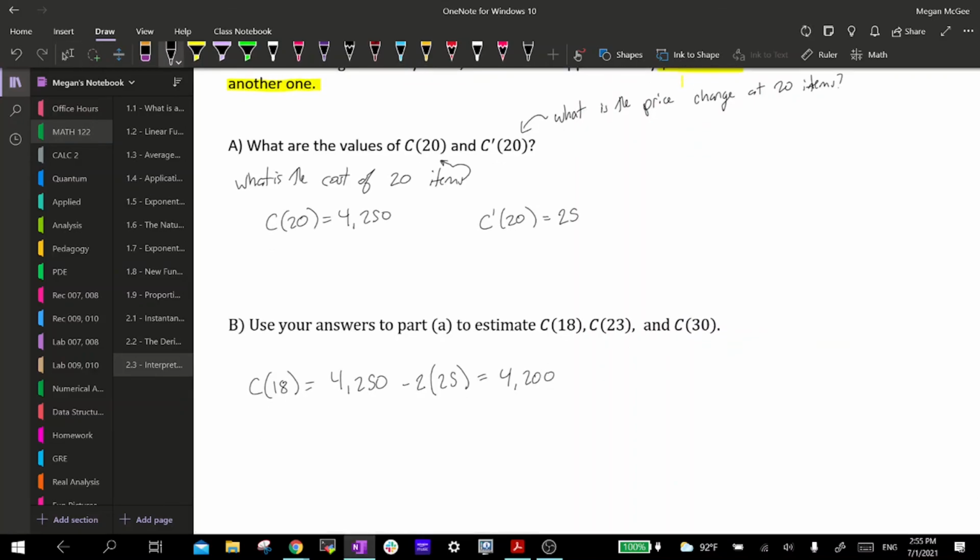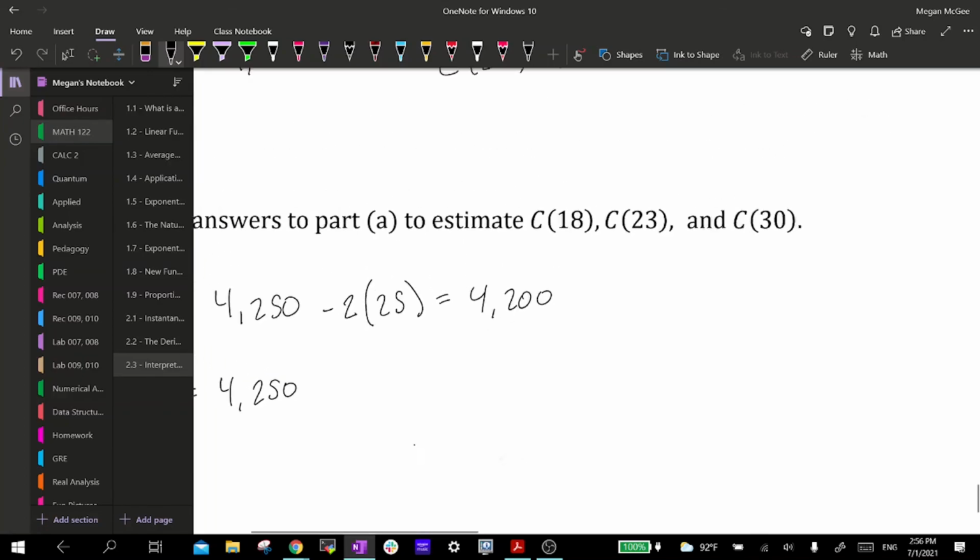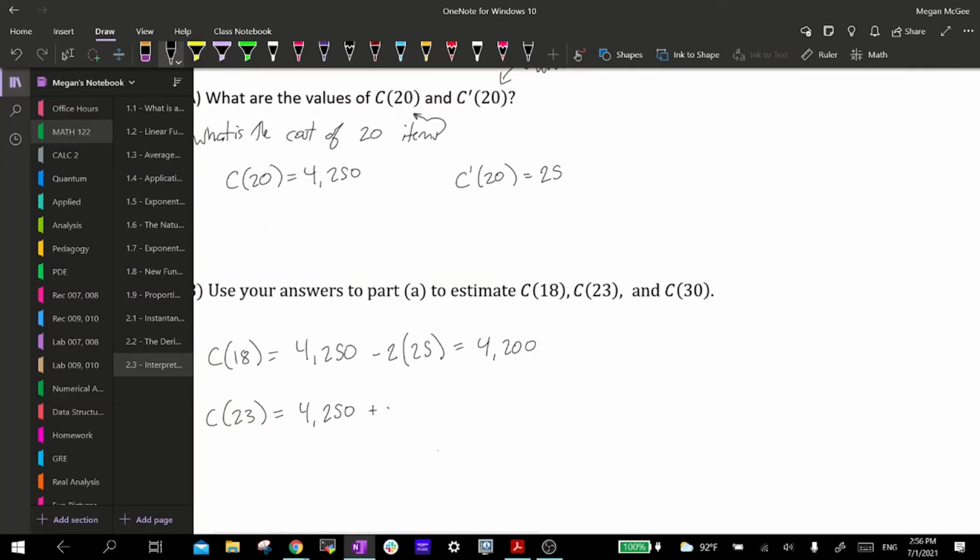Then we have C of 23, where again we're starting with 4,250, but this time we're increasing from 20 to 23. So we are adding 3 times 25, and we'll end up with 4,325.